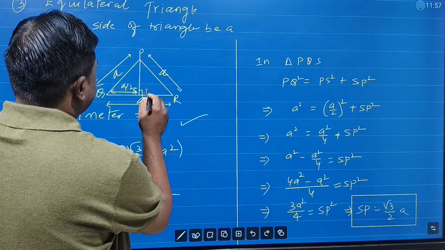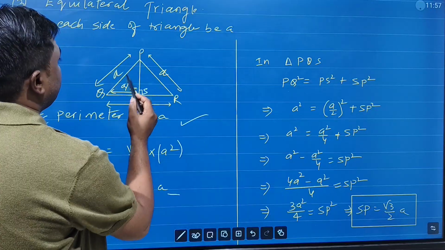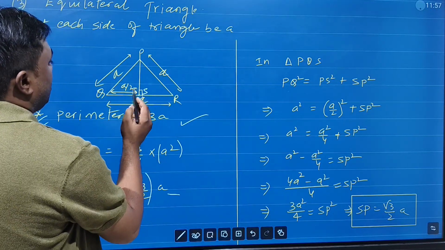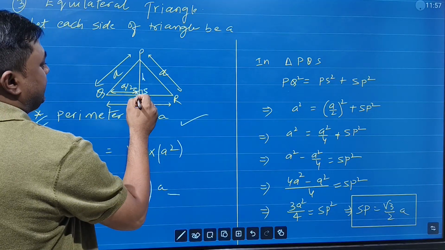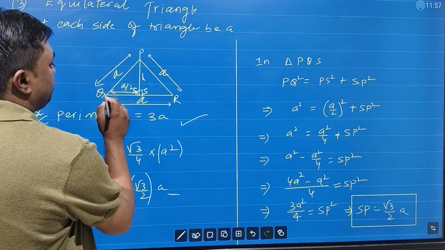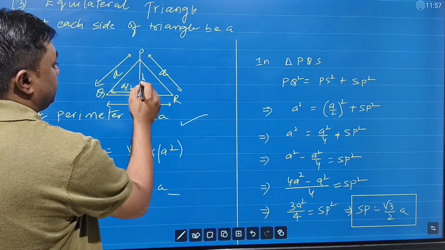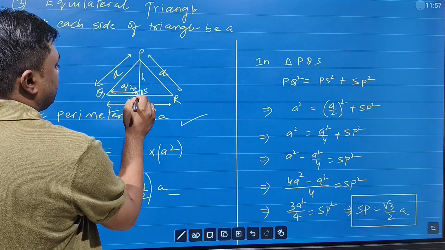I have taken this point as S. So consider the triangle PQS. This is the hypotenuse. If it is 90 degrees, this is the hypotenuse, this is the adjacent, this is the opposite. This is the perpendicular. Yes or no? This is the 90-degree perpendicular.